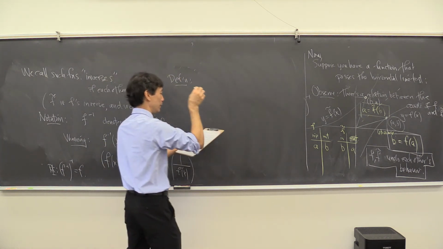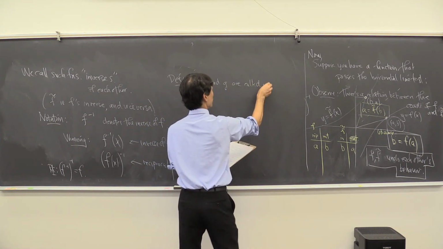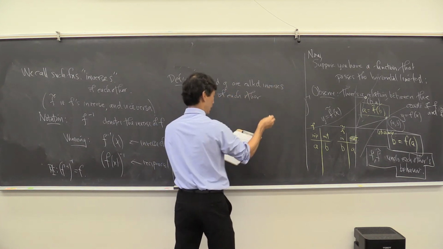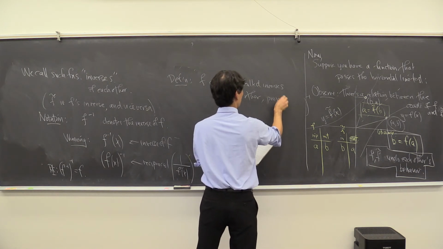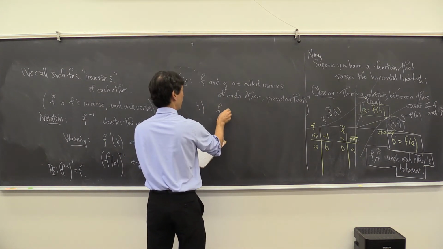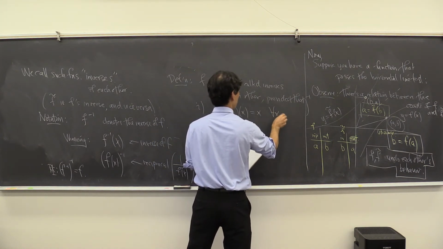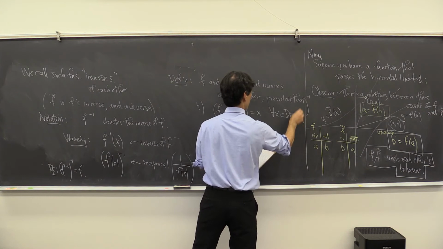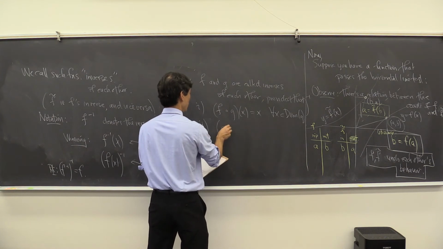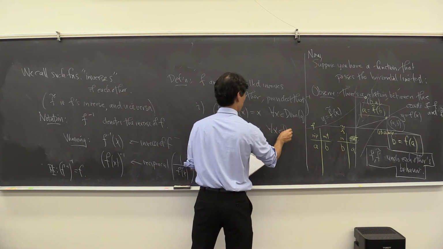So here's the formal definition. f and g are called inverses of each other, provided that f of g of x equals x for all x in the domain of g, and g of f of x equals x for all x in the domain of f.